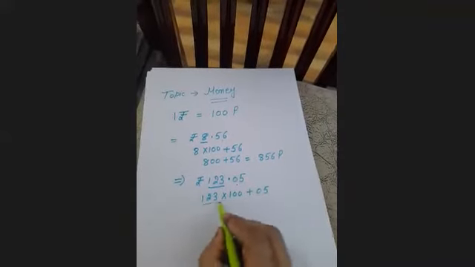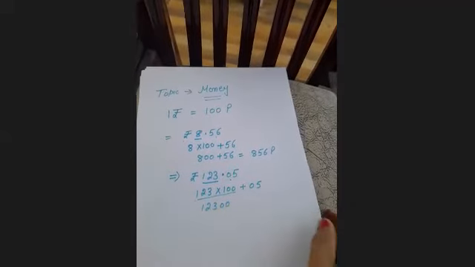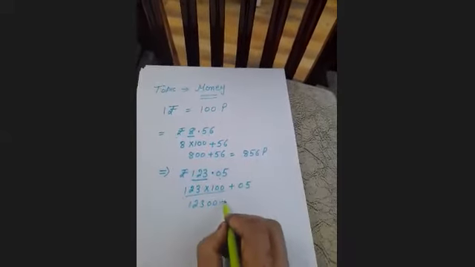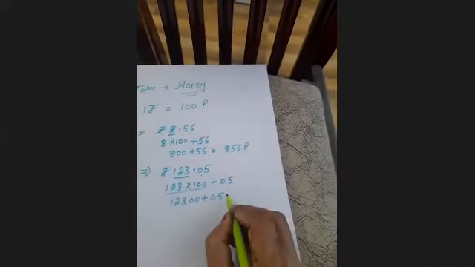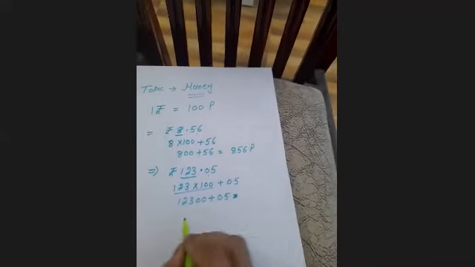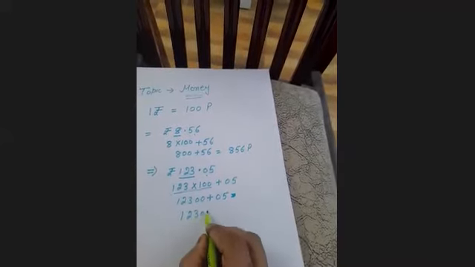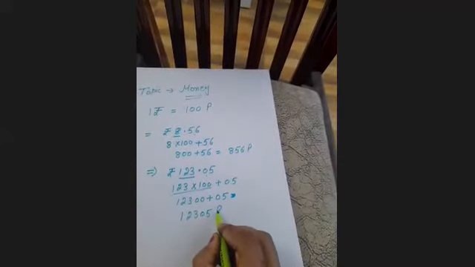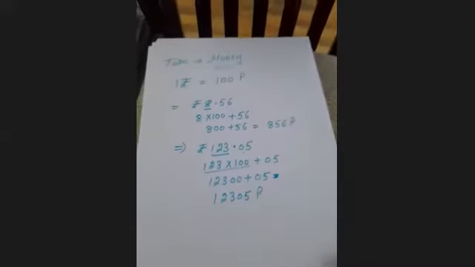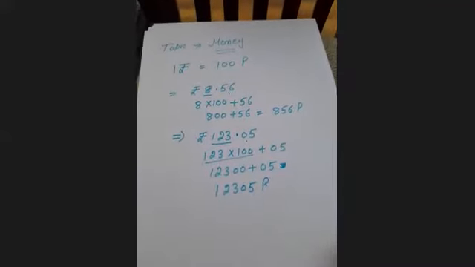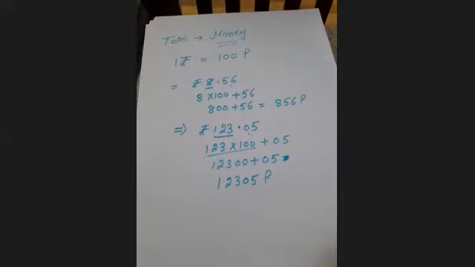Now by multiplying we get 12,300 plus 5. Now we have 12,305. So by this we can convert rupees into paise.